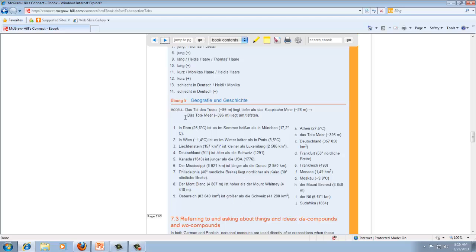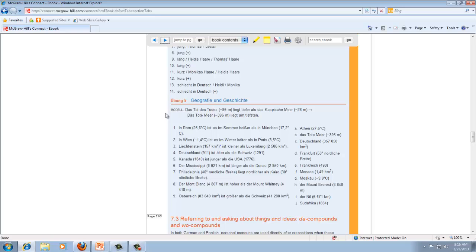So what these do is in 1 through 9 here, they give you comparative forms, comparing different locations. For example, Modell: Das Tal des Todes liegt tiefer als das Kaspische Meer. So Death Valley lies deeper than the Caspian Sea.